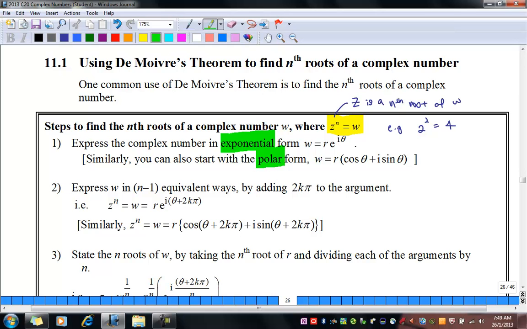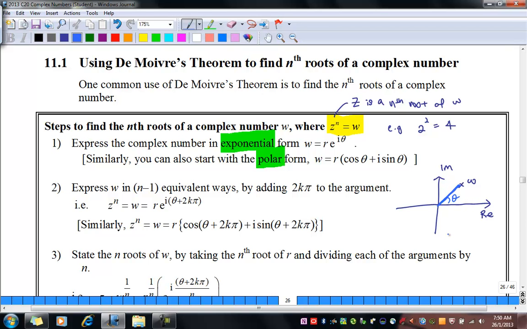Now the next thing we can do is to express W in n equivalent ways by adding 2kπ to the argument. So this is the Argand plane. Suppose W was a point somewhere here, then I know that the argument of W is θ, and the modulus would simply be this length.